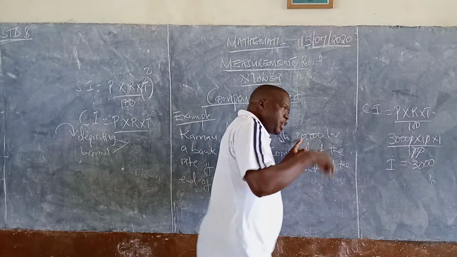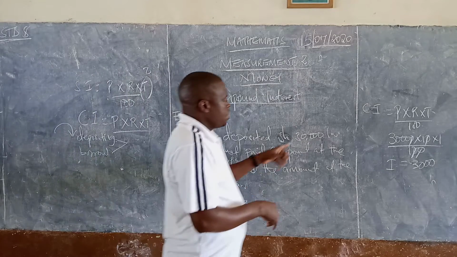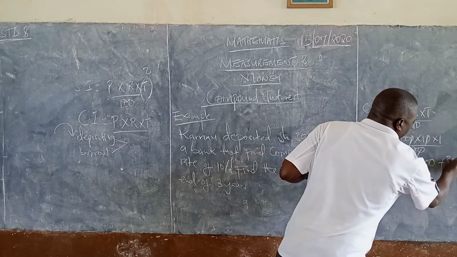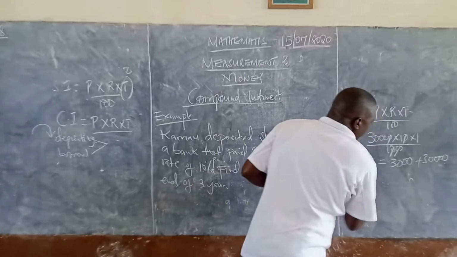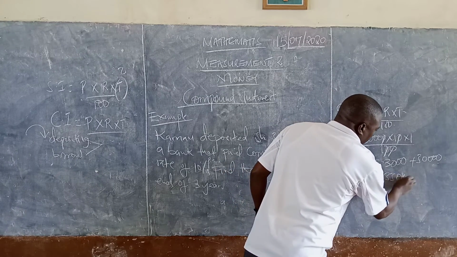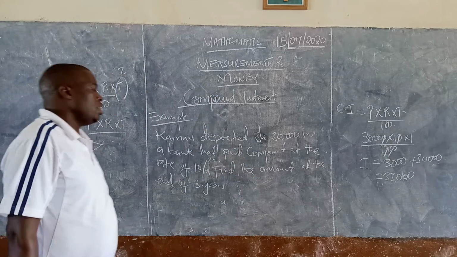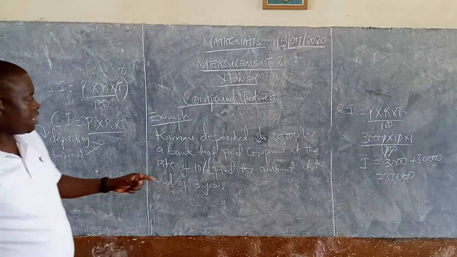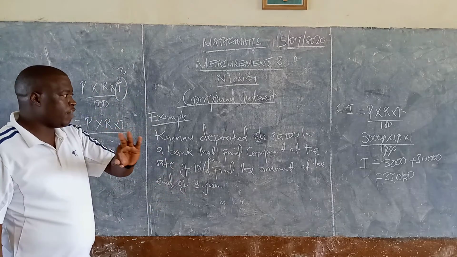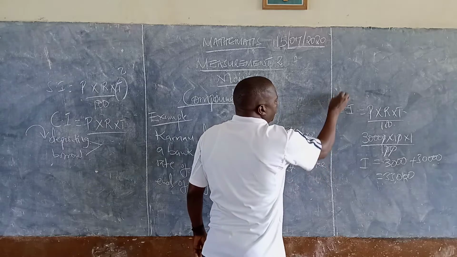So our principal at the beginning of the second year is going to be 33,000. Now, the 33,000 is our new principal at the start of the second year. Remember, we have 3 years to cover. This is our first year.